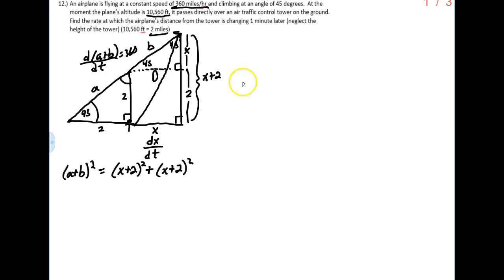All right, so to figure out what X is, I look at this smaller triangle up here, okay? And what we realize is that B represents the distance that the plane has traveled in 1 minute. So remember, 1 minute is equal to 1/60th of an hour, right?